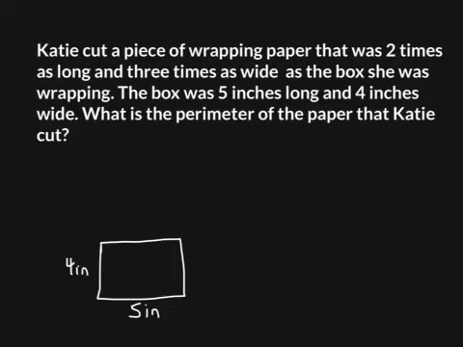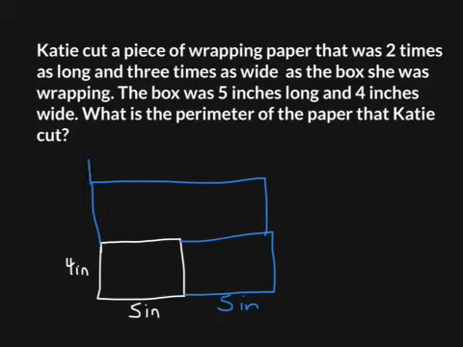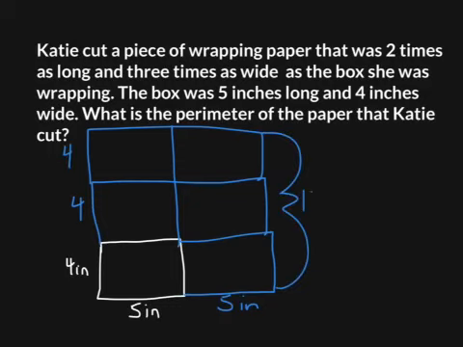Now the clues about the wrapping paper are that it is 2 times as long, so I'm going to double the length, add another 5 inches, and it's 3 times as wide, so I'm going to triple the width, making it a total of 12 inches. So the question is, what is the perimeter of the piece of paper that Katie cut? If we added up the whole perimeter, how big would it be?